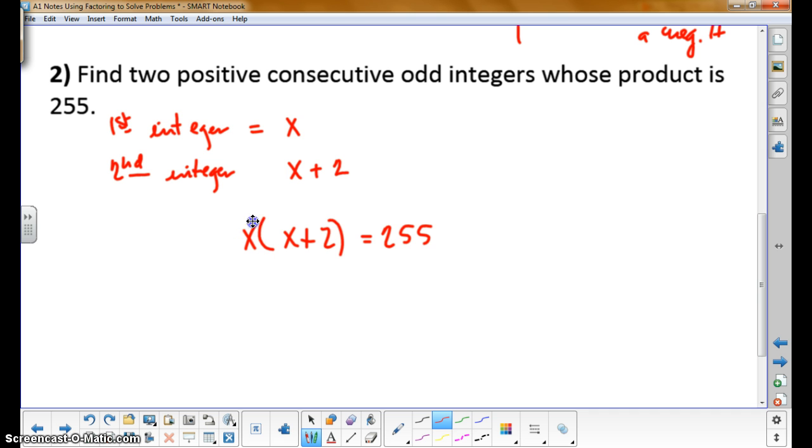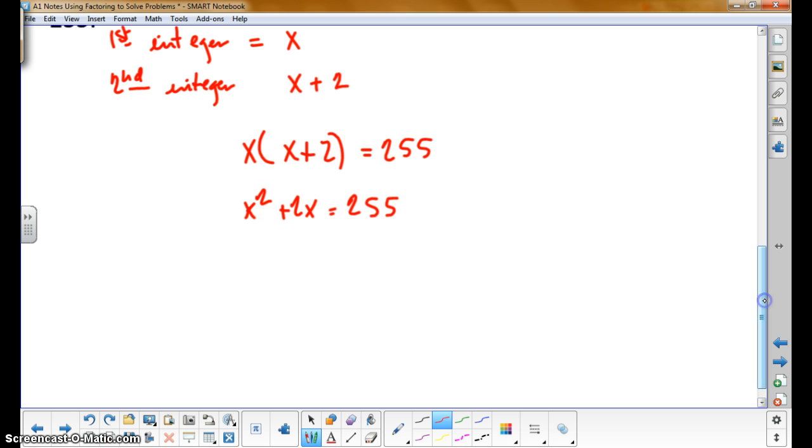So we have the setup, and we can do our distribution. x squared plus 2x is equal to 255. And then from our procedure on doing these kinds of problems, we're going to move that 255 over by subtracting.